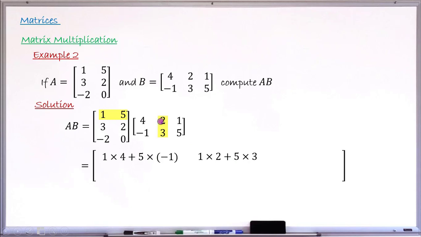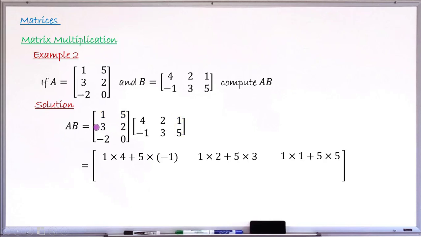Then to write the element here, you now take first row times third column. So you now have 1 times 1 plus 5 times 5. That will give this answer. I'll continue. So I will now take the second row of your first matrix.